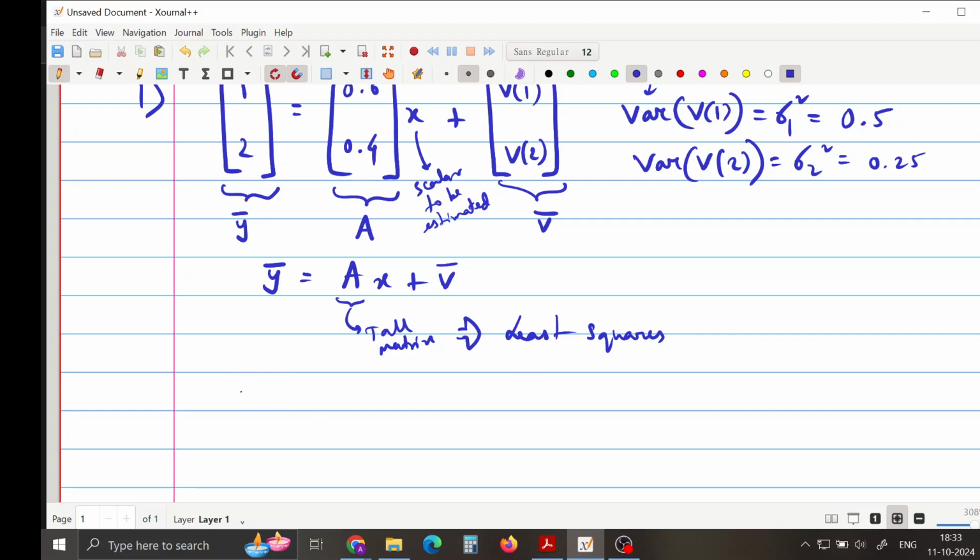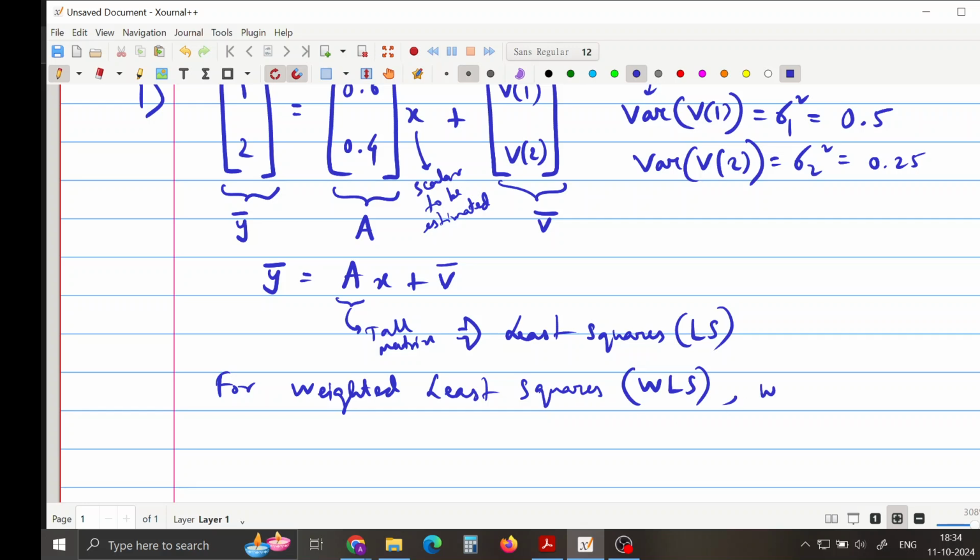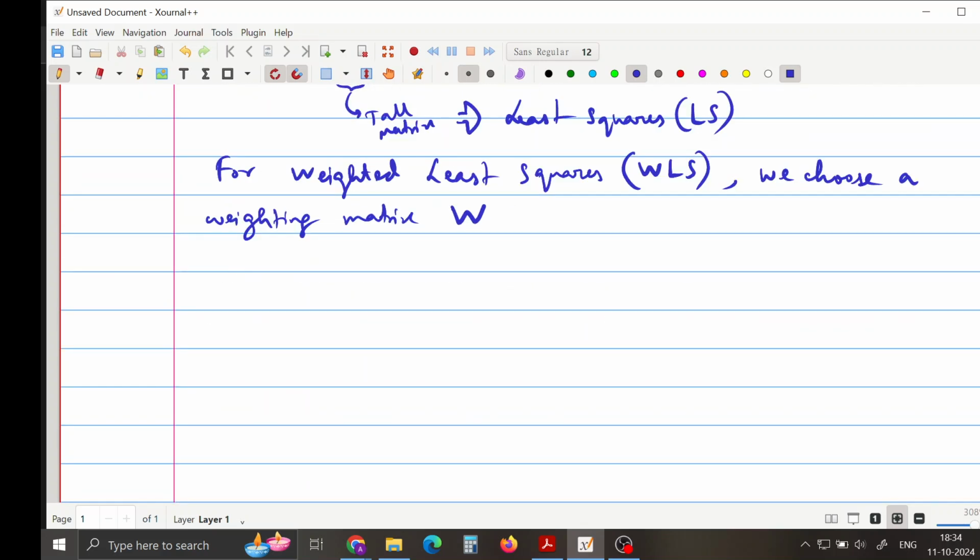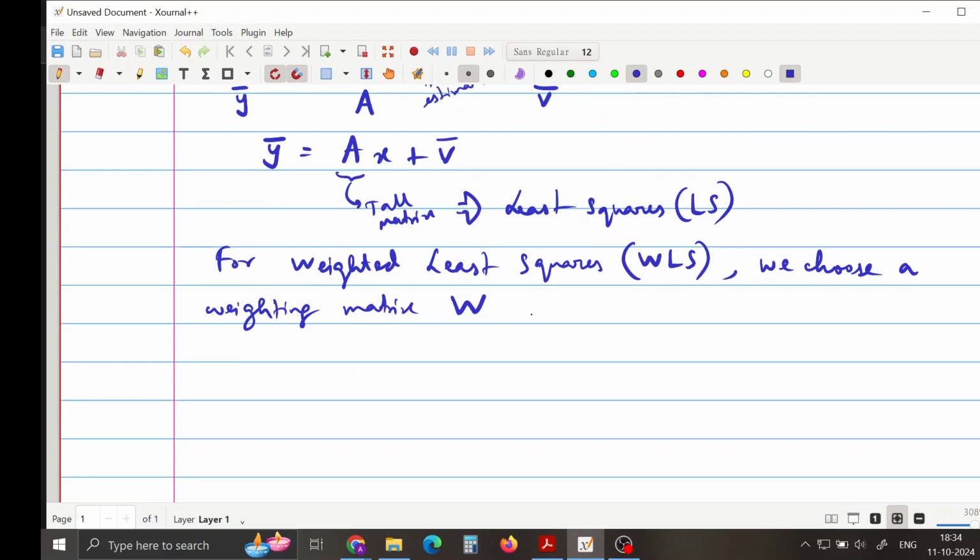But in the case of weighted least squares, WLS, as opposed to least squares, LS, we choose a weighting matrix W, and note that W is equal to identity for the standard least squares.